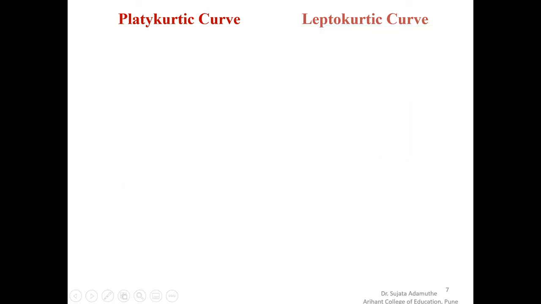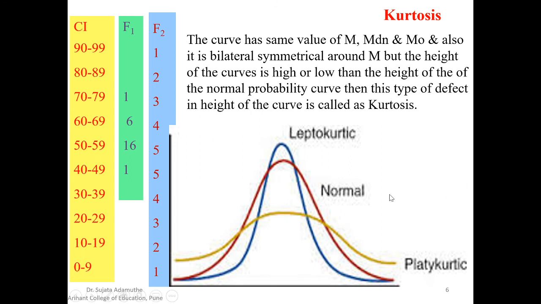We will go to the previous slide. See here, the height of that leptokurtic curve is here in the middle, but it can shift to the left side also, and it can shift to the right side also.